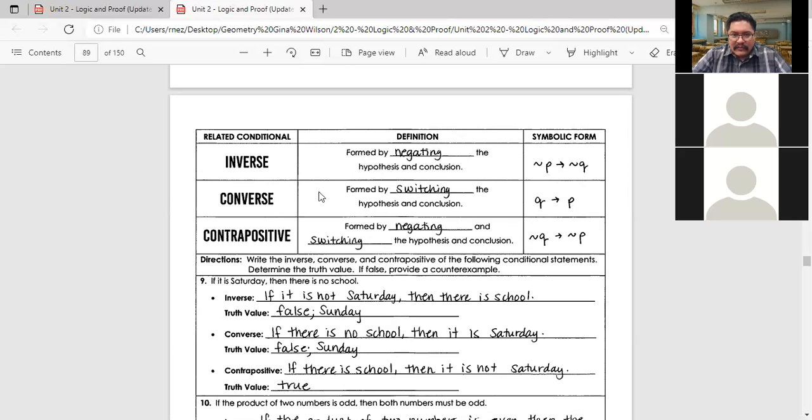And then you also have switching, which is what we talked about before, switching the order of P and Q. So Q would now lead to P. Remember, some of them you can reverse, but most of them you can't. In this case, I'm going to stick with my squirrels example.